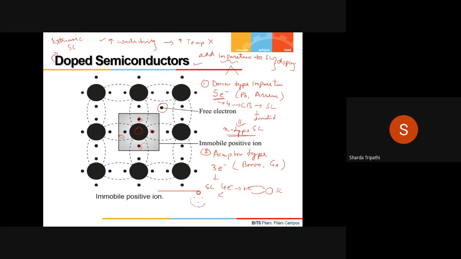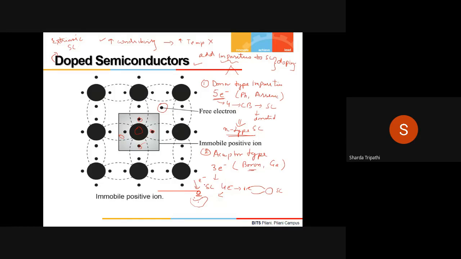So these valence electrons will be used in forming the covalent bond with the semiconductor material, and what remains behind is the hole which was belonging initially to this boron or gallium atom. And this hole which remains there in the crystal can accept any valence electron coming from somewhere else.